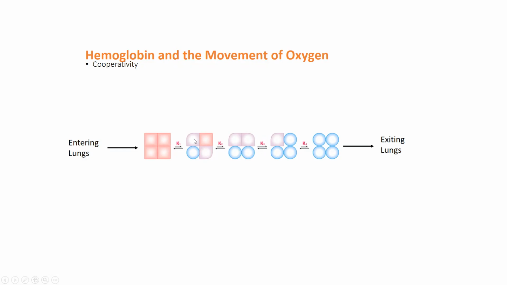We saw that also with the platelet plug formation. If you are injured, one platelet sticks, the second on top of it, the third, the fourth, the fifth on top of it. So that is known as cooperativity. The binding of one oxygen to hemoglobin will lead to the binding of additional oxygens.